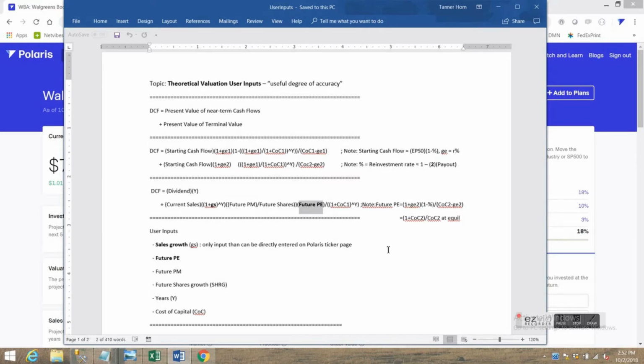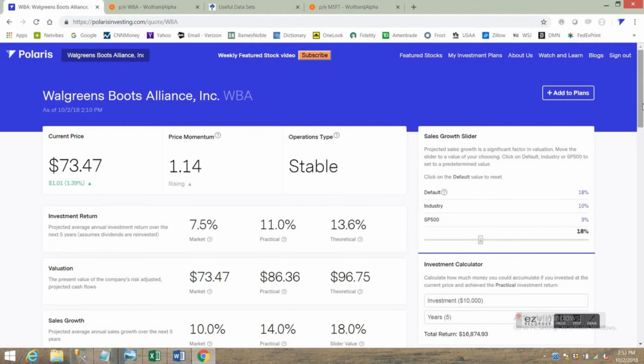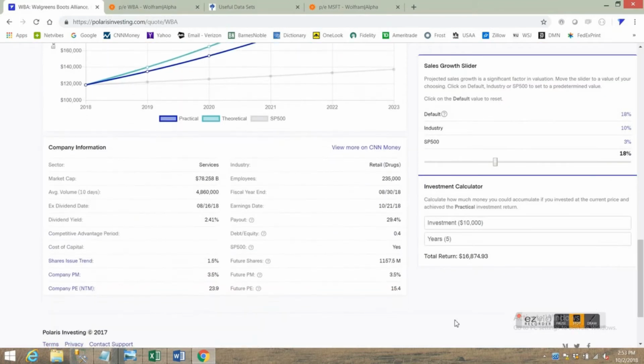Well, let's go back and look at the use of the PE on the Polaris website. If we look down here at the bottom for Walgreens, we will see that the future PE that's being defaulted to is 15.4.